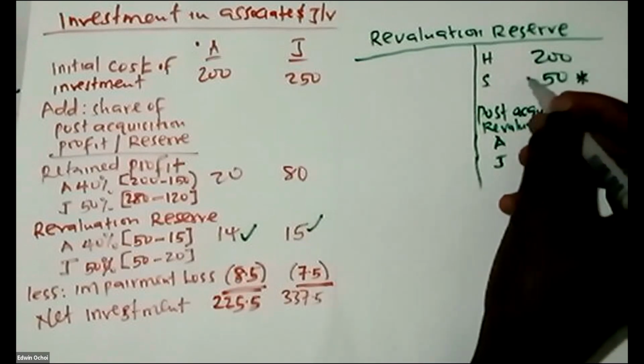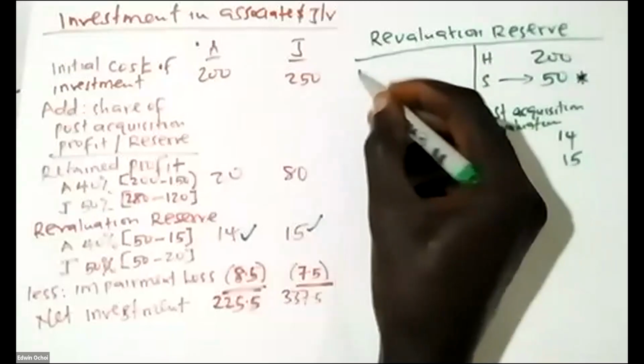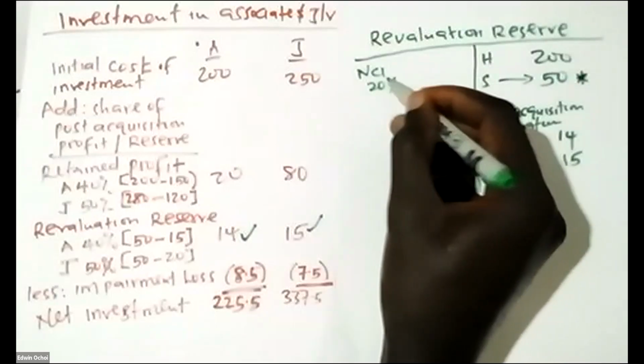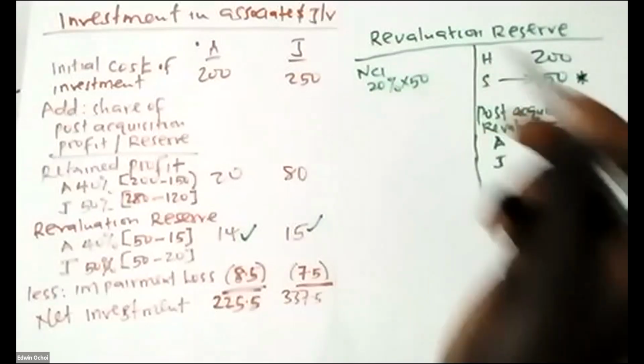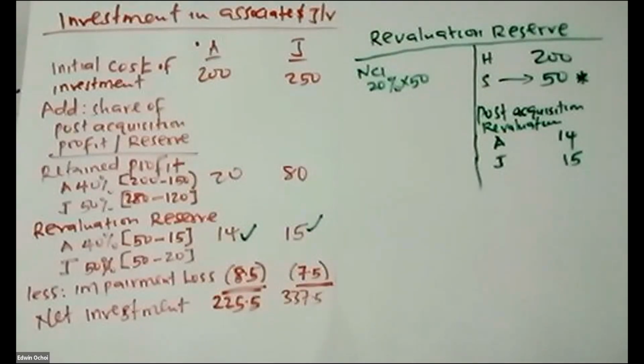Then I've said under this S, there's an NCI of 20% of that 50. So that one is 10.